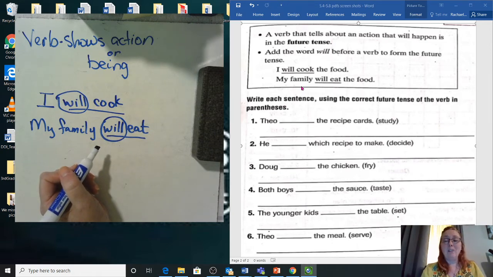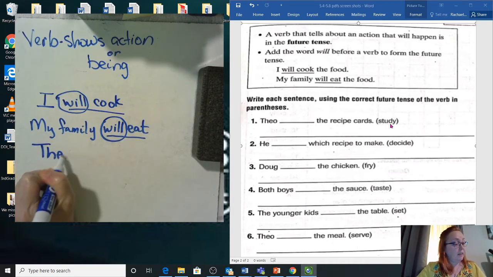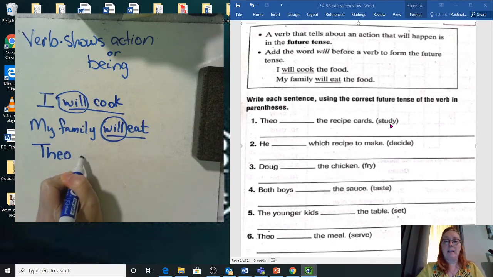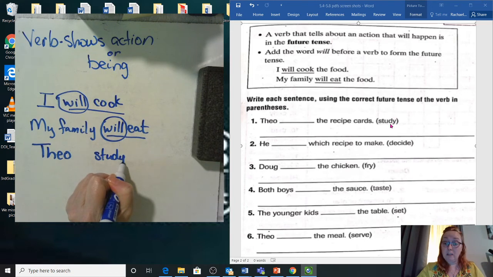We're going to write each sentence and use the correct future tense of the verb that's in parentheses. So it's giving us the word study. That's our verb. Very first sentence, number 1. Theo blank the recipe cards. So since our verb is study, Theo, how do we make study into future tense?